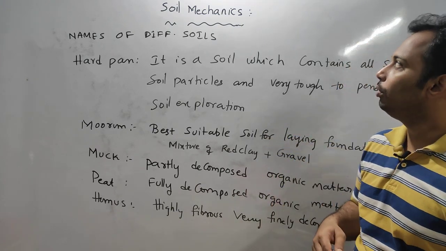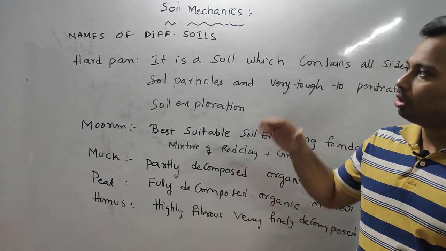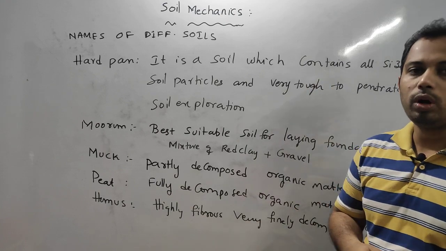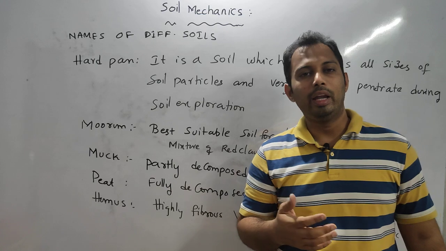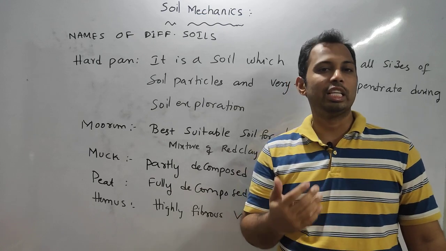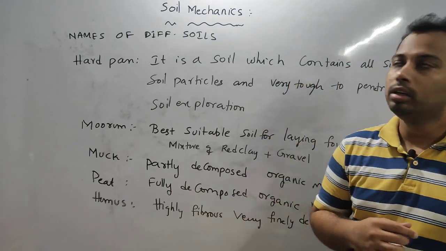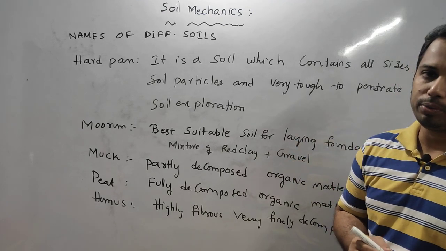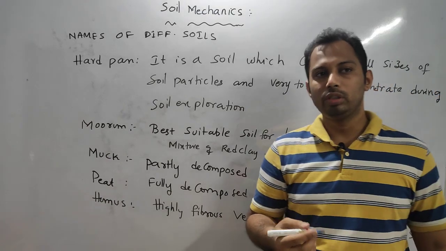And one more thing we want to discuss here is, in the previous class I have told that the study of soil mechanics, the hydromechanical aspects of soil, we also call it pedogenesis.